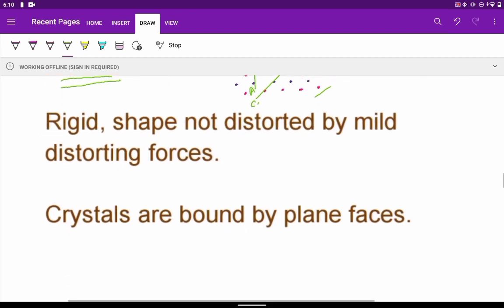Crystals are bound by plane faces. If you see the faces of a crystal, they are plane faces, and the angle between any two faces is called the interfacial angle.